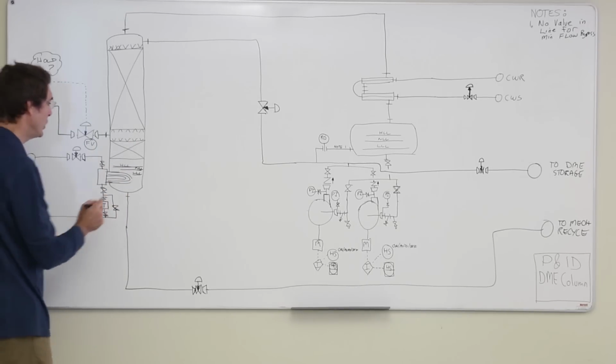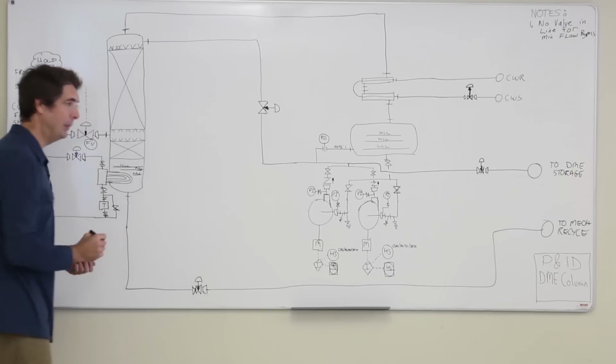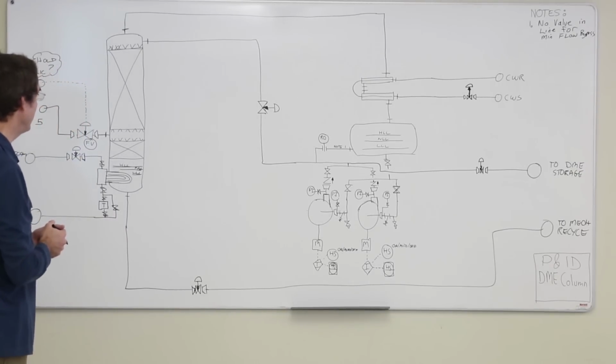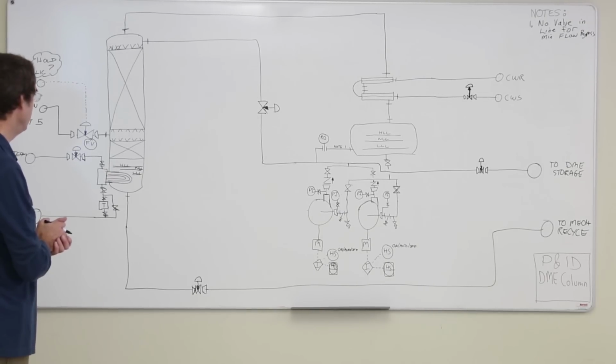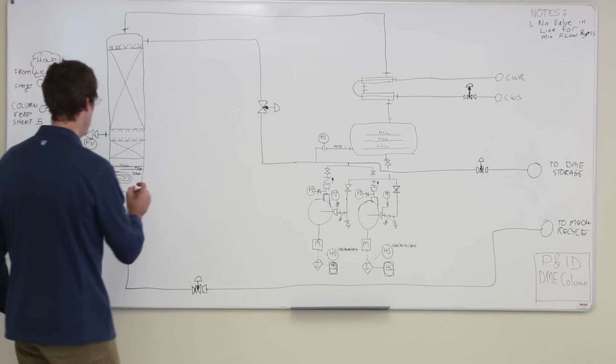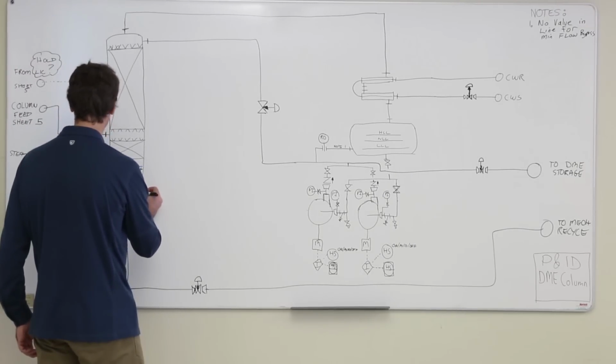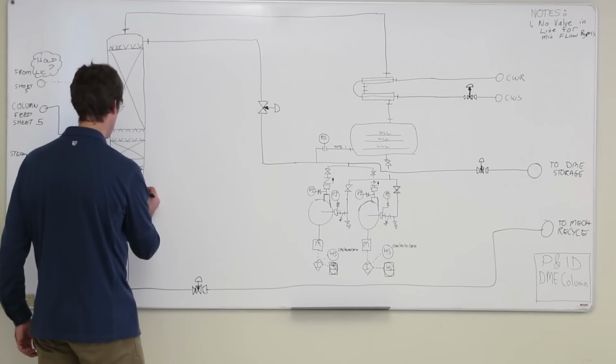We need to measure the temperature. We kind of talked ourselves into the fact that we can probably use temperature in the bottom of the tower to control composition. Sorry, to control composition. So let's get this in here.